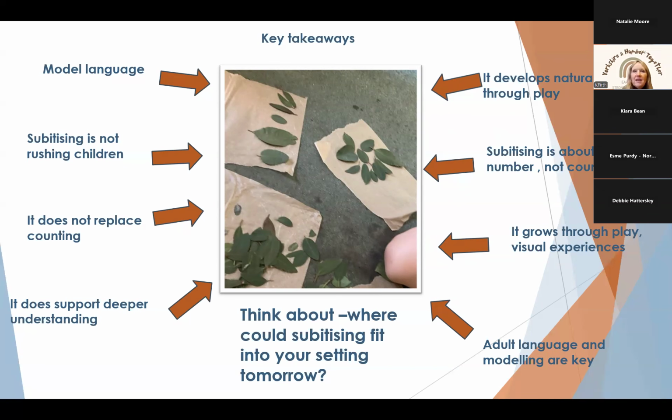Subitizing is about seeing number and not counting, seeing number anywhere, inside, outside, in the environment, which is next week, the patterns in the inside and outside environment. It grows through that visual experience, the rich development that we can offer as practitioners to our children. The adult language and the modelling are one of the key things.